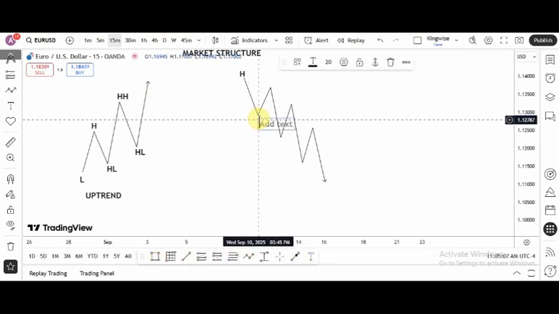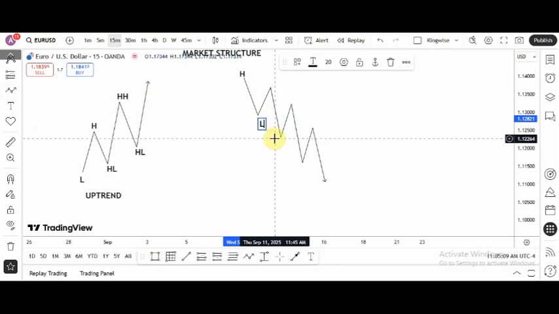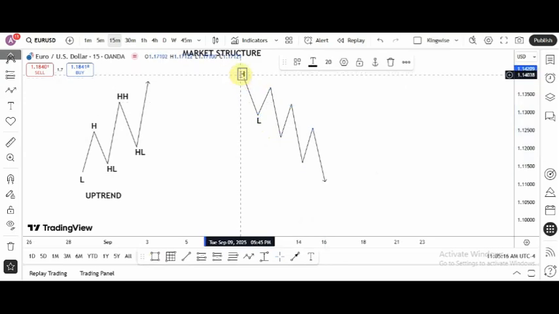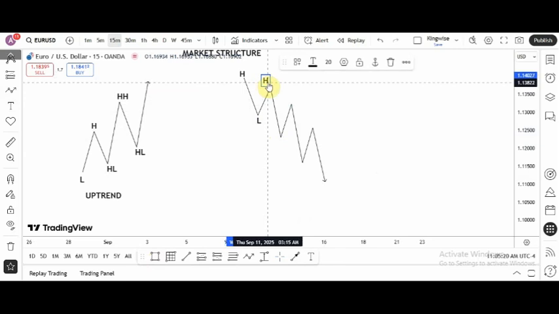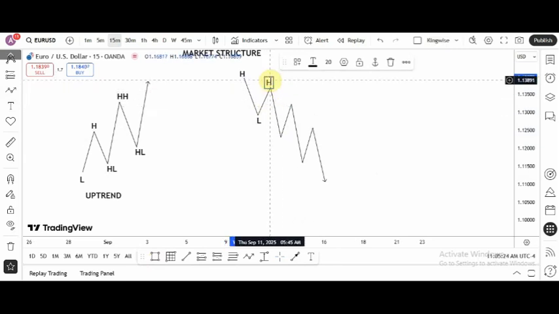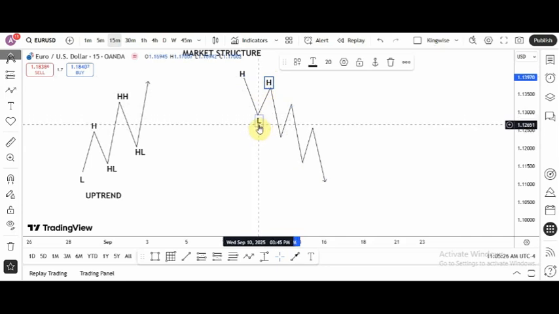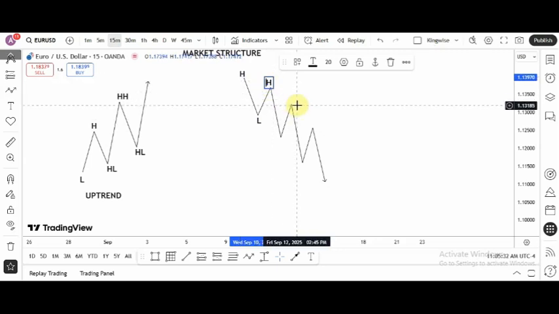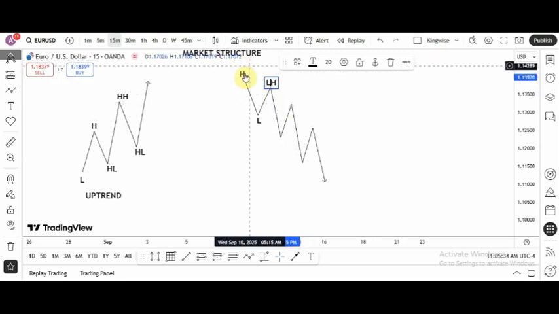You have price come to this point to form a low. So what do you see? Now, when price formed the low, it pushed up to form a lower high. We call it lower high because it is lower than this previous high. So it is a lower high.